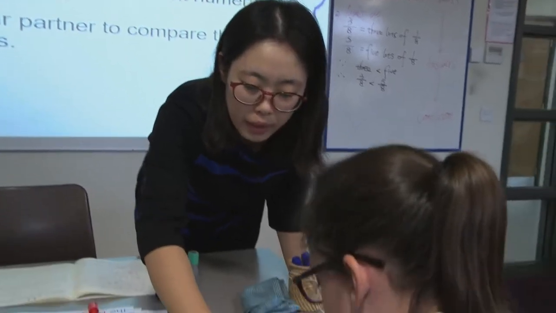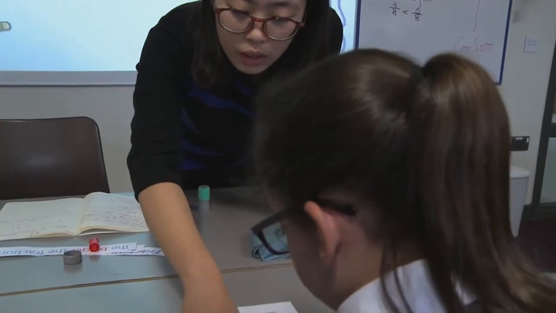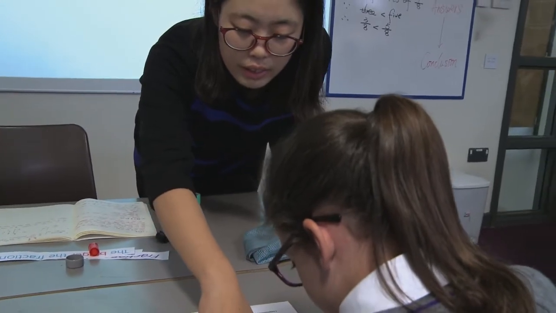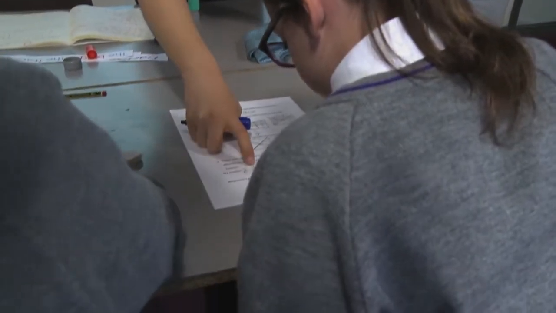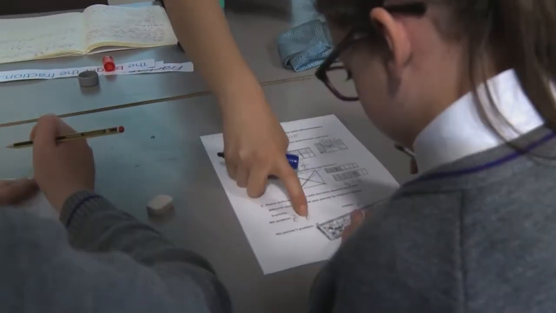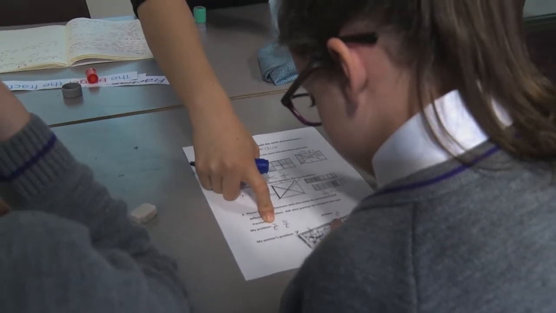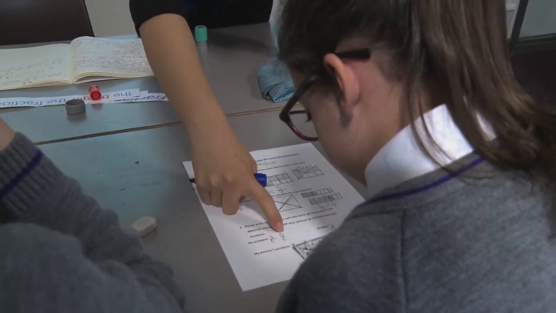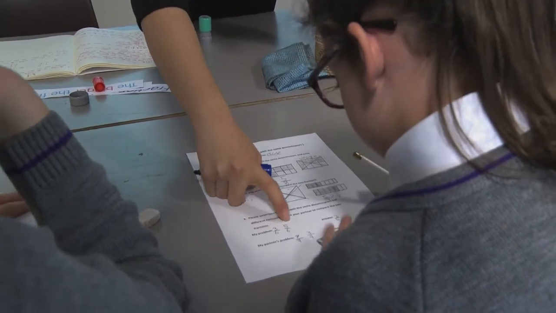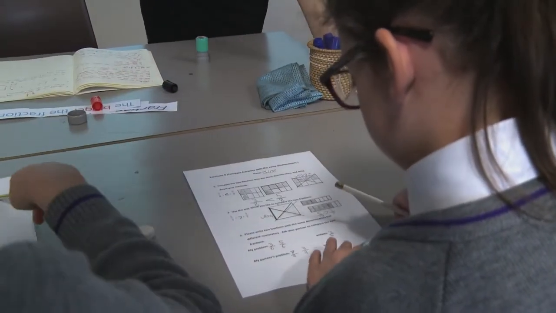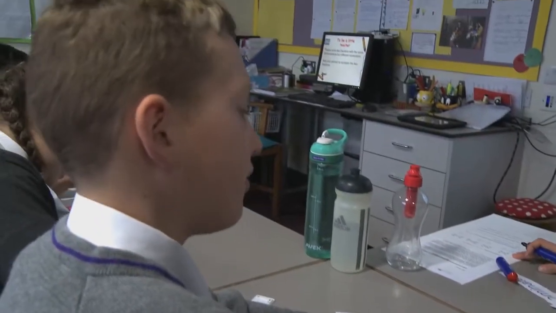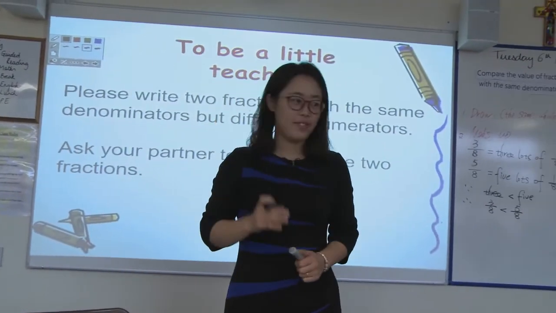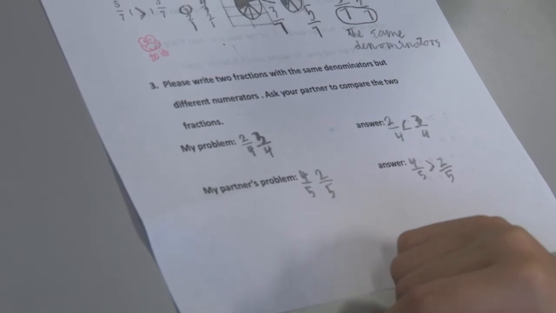Which one is bigger? Yes, this is 5 lots of 1/6. This is 3 lots of 1/6. So 5 is bigger than 3. So this one is bigger, right? Yeah. Okay. So is that better? Yes, I like this. Thank you.